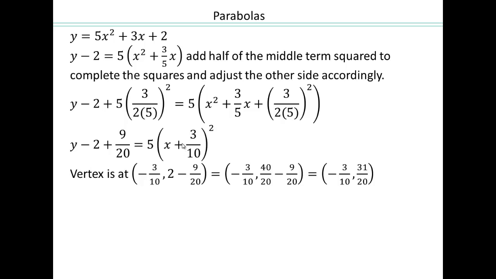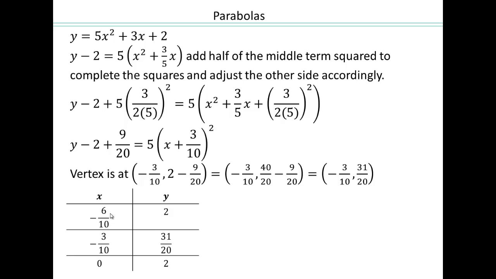Our vertex is negative 3/10, and 2 minus 9/20, which is really 31/20. So we have our vertex, but in order to sketch the graph of this parabola, we're going to need 2 other points. So 3 points determine a parabola uniquely.